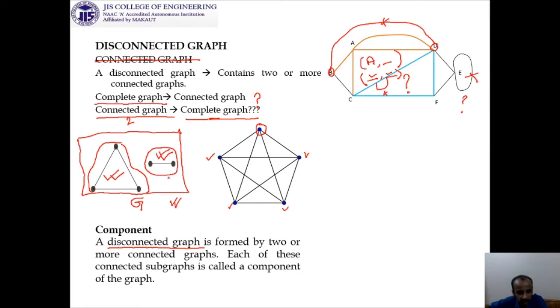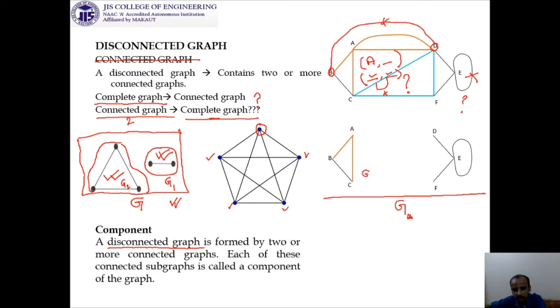So here, if you consider this one as G1 and this one as G2, then G1 is a component of G as well as G2 is a component of G. Look at this. Suppose we consider this one as a graph G star, then this one is G star dash and this one is G star double dash.